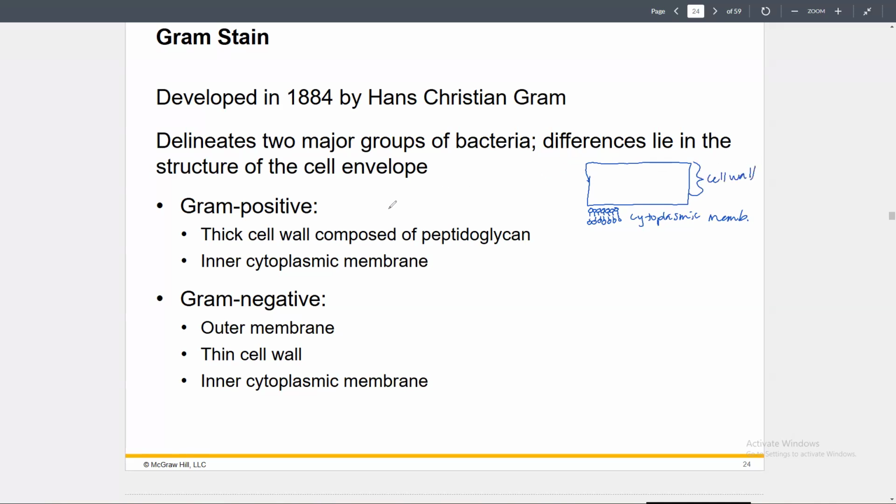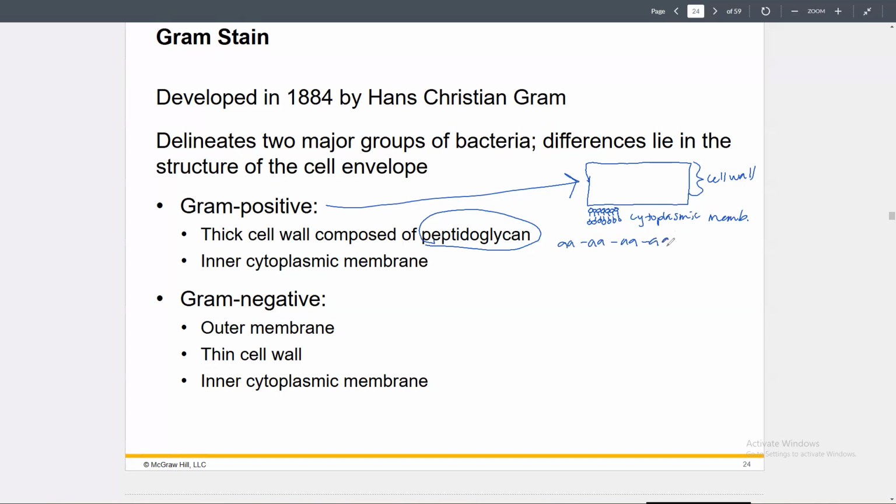This is the gram positive. And the cell wall is made up of something called peptidoglycan. And it says it in the name what it is. Peptides. You guys remember what a peptide is? Short chains of amino acids just linked together. Usually less than 20. Otherwise, you're talking about polypeptides, right?